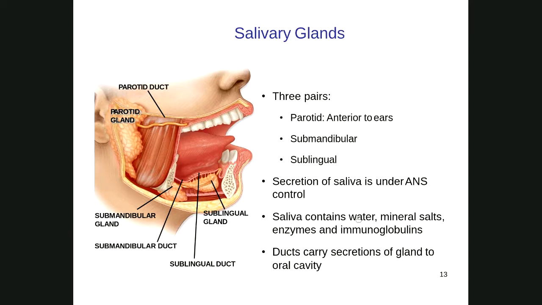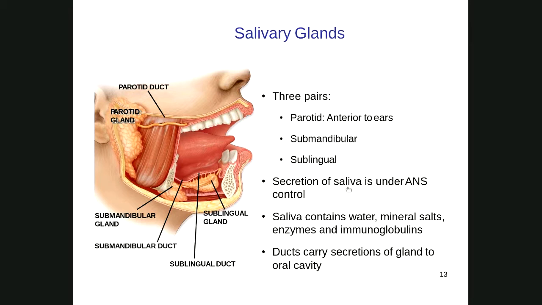The water, which is around 1 to 2 liters of secretion per day, will be reabsorbed back in the small intestine. And again, to mention here, the secretion of the saliva is under the autonomic nervous system. We will go into the mechanisms and the reflex that controls the secretion of the saliva later on.